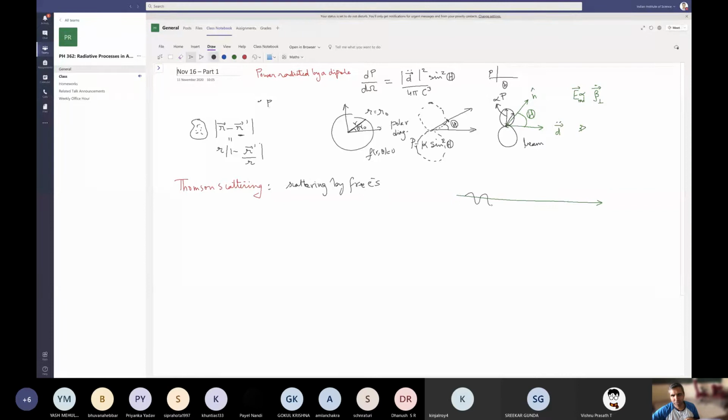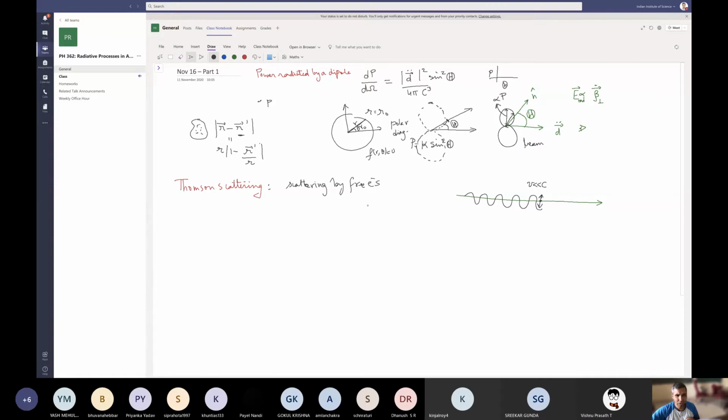You have linearly polarized sinusoidal waves being incident on an electron, which is sitting here at rest, and because of this electric field, it starts oscillating, because there is an electric field which is oscillating at its position. We are assuming that the velocity of these electrons is much less than c. This is true if the electric field which is incident is not very strong.